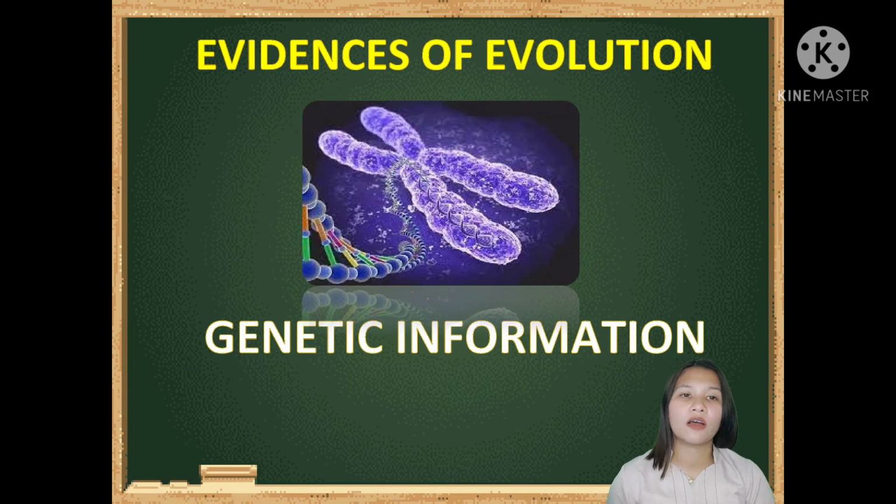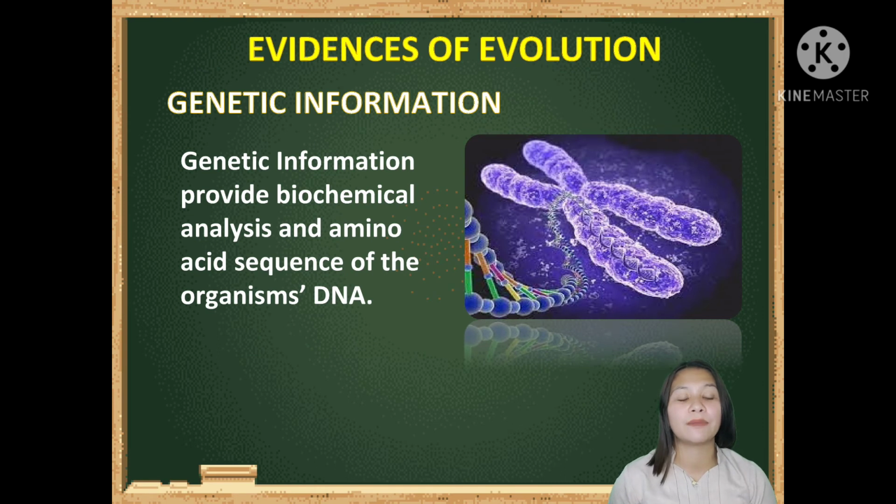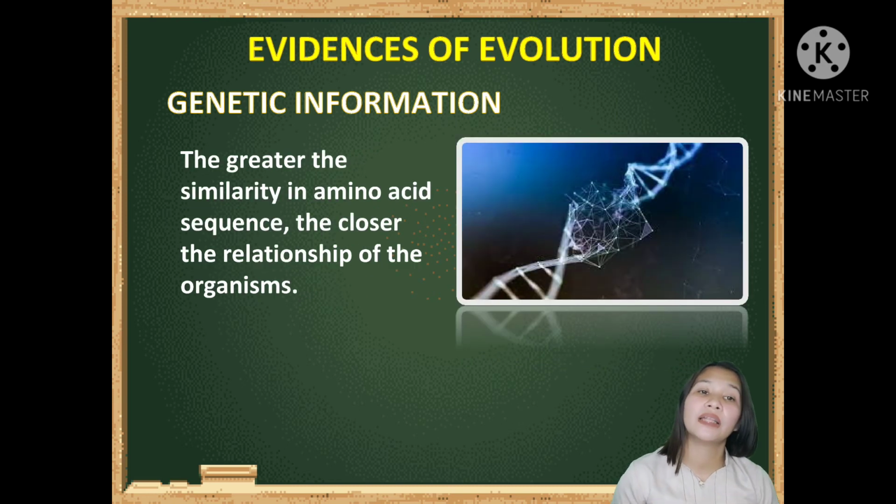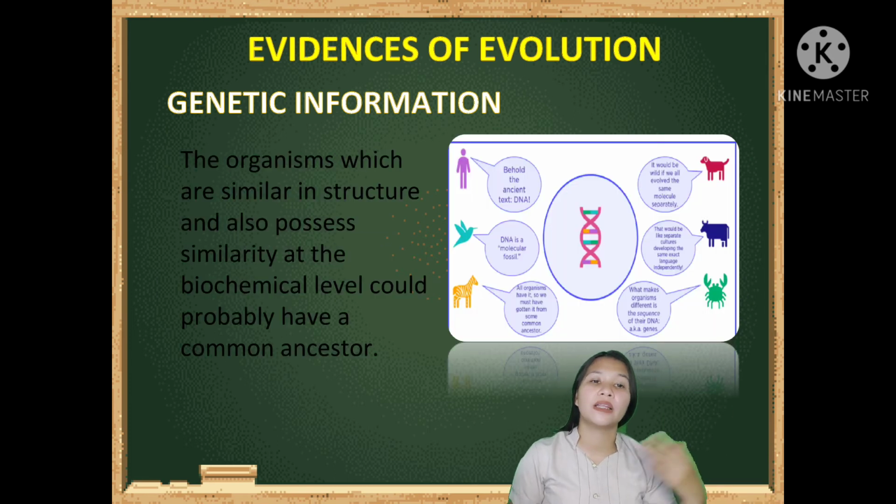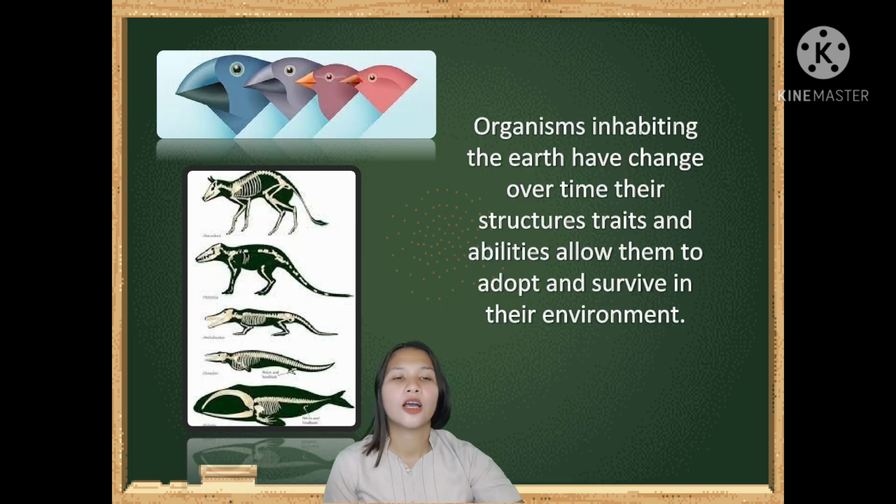Another evidence of evolution is genetic information, which is provided by biochemical analysis and amino acid sequence of organisms' DNA. The greater the similarity of amino acid sequence, the closer the relationship of organisms, which are similar in structure and also possess similarity at the biochemical level, could probably have a common ancestor.